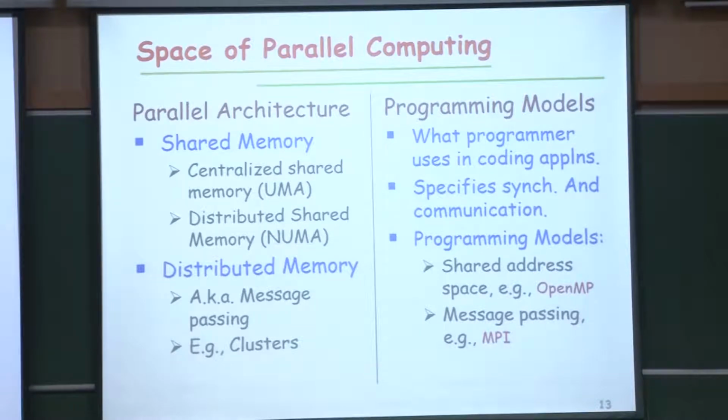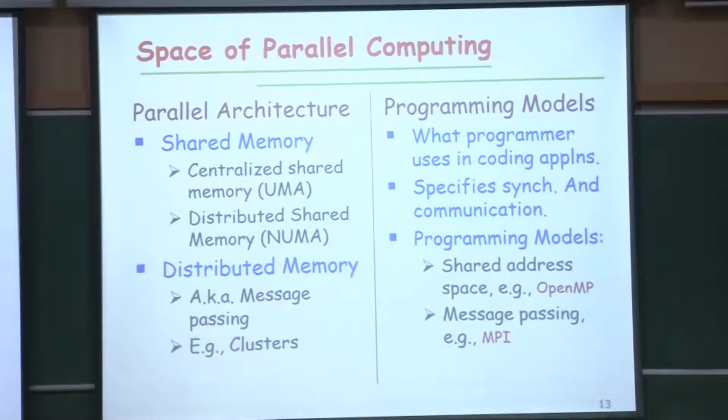Another process may access this memory location, know what has been computed, and then do further computations on that. That is shared memory programming. They all share a single shared address space, and through that they interact with each other. Any process can read or write any of these shared address space locations, and that is the interaction.